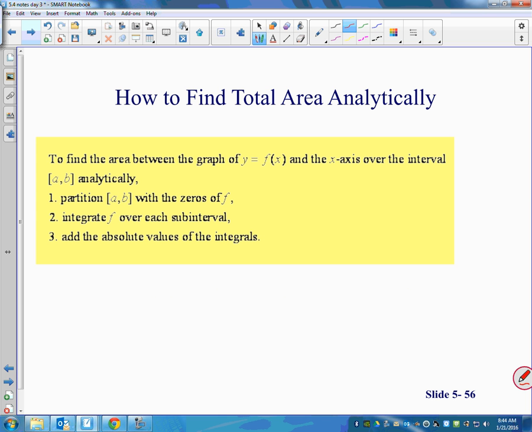So if you were doing this analytically, that means without the calculator, without Math 9, you have to think about where it changes from positive to negative, which means you have to figure out the zeros of that function.